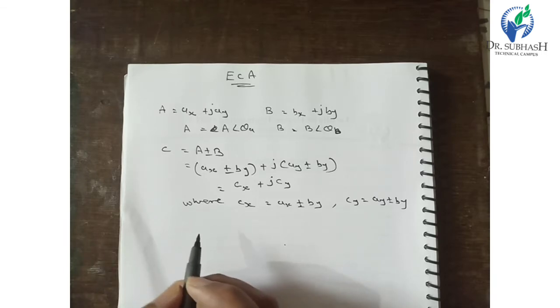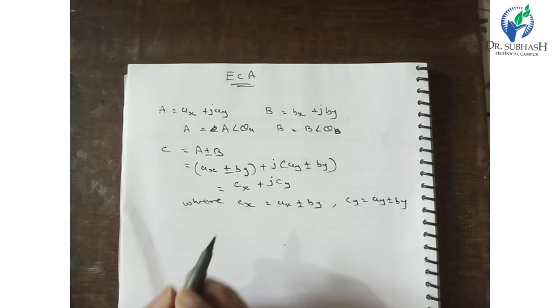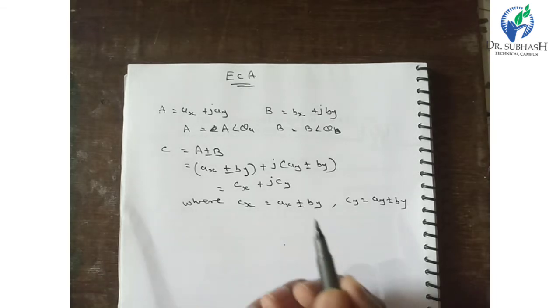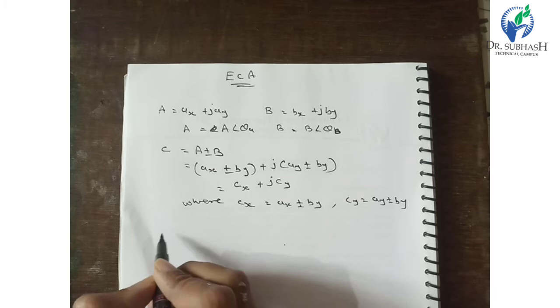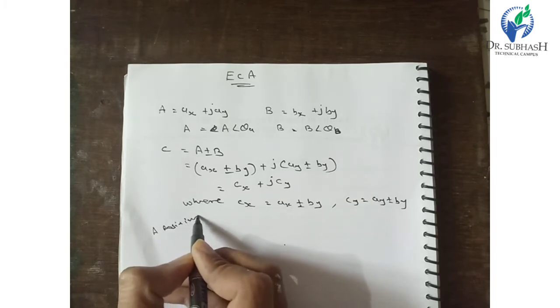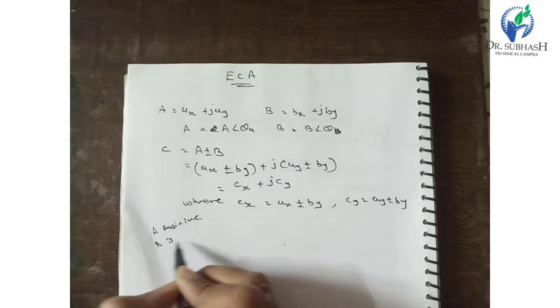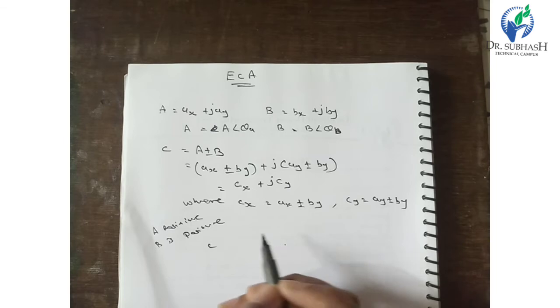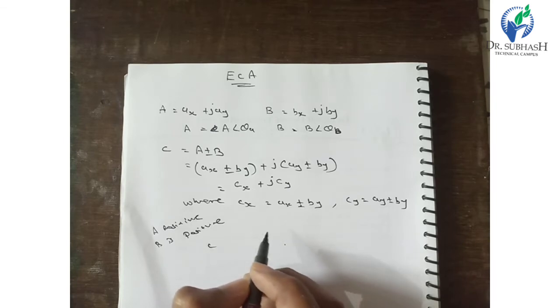When we take a and b as positive, the resulting values of c are positive. Here a is positive and b is also positive, so the output c is also positive.